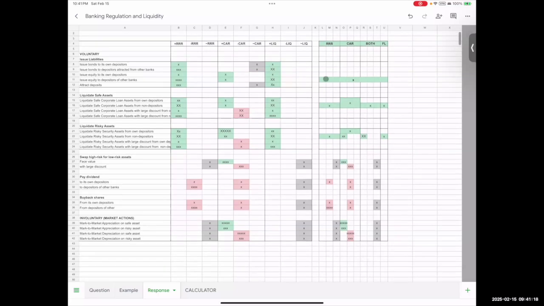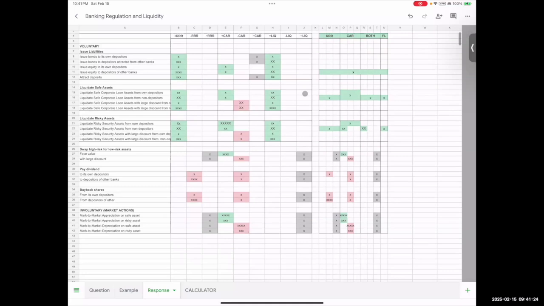That is something that might be interesting to think about, especially in the context of what we just discussed. If we look at the liquidation of assets, and at safe assets with your own depositors or with non-depositors, with the discount and without, then with the discount it's going to be pretty bad.